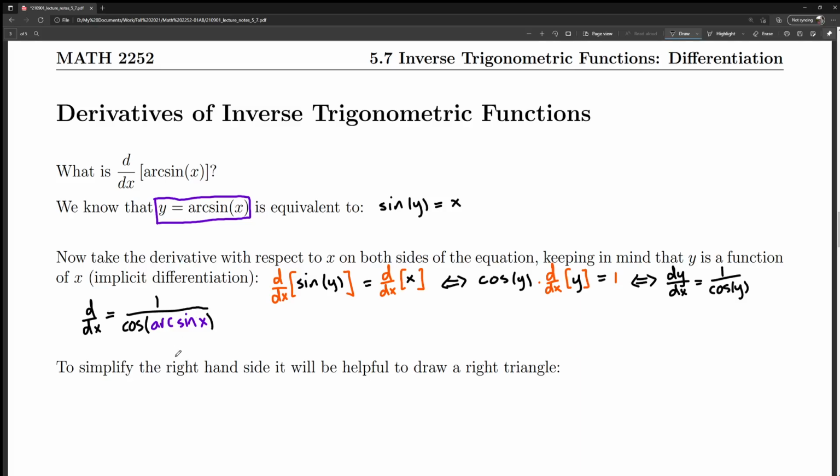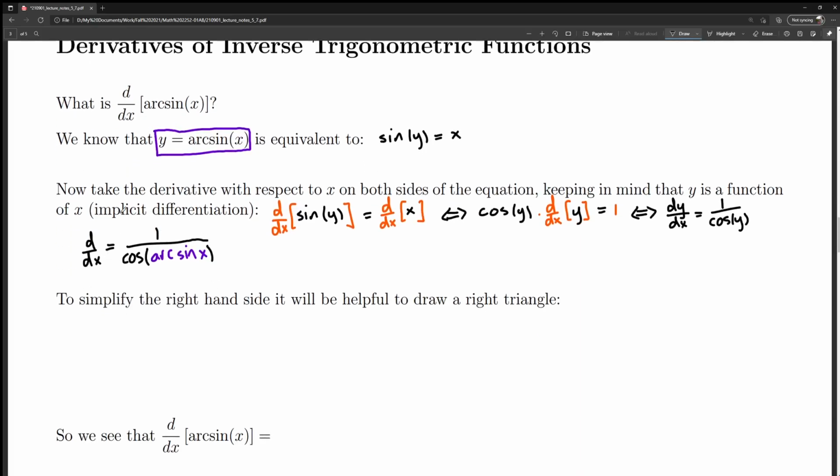But that looks a little bit complicated, and so we're actually going to simplify this expression.